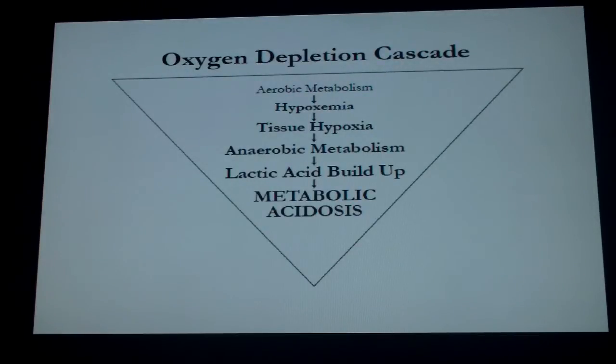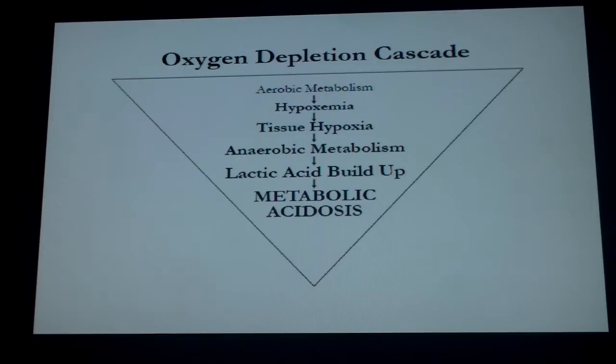So as this happens, and the baby is deprived of oxygen, there is a cascade of events that occurs. Normally, with blowing off of CO2, fetal metabolism is aerobic, and that works well, and with their fetal hemoglobin, they can exchange all the CO2 and keep their blood at a normal pH.